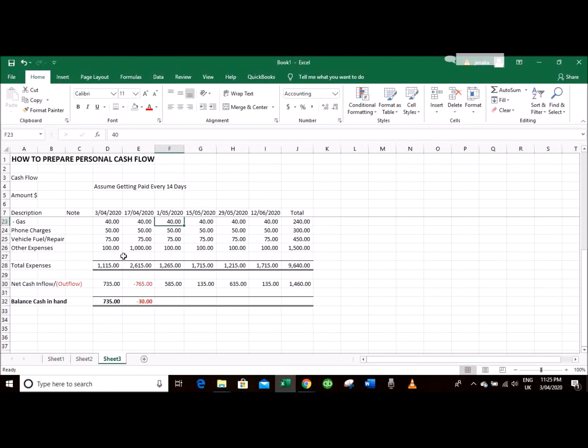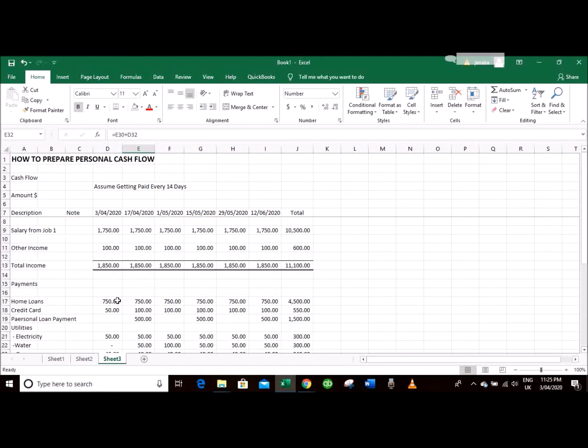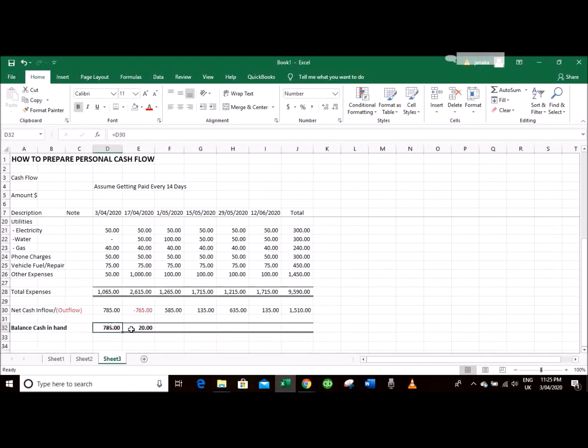So you got $30, another payment you reduce, so you got $20 in hand. Also you can manage some other payments in here. So try to manage these things, and at the end of the period you have $1,510.